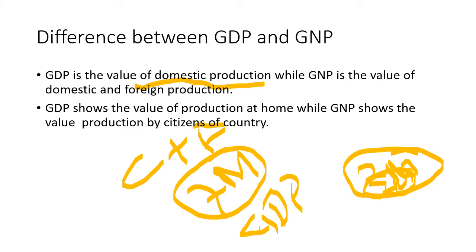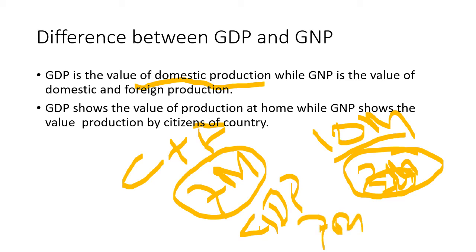And if the citizens of that country produce 10 million outside the geographical boundaries of the country, this 10 million will be included in the GNP. Now, the GDP of the country will be 7 million and the GNP of the country will be 12 million.